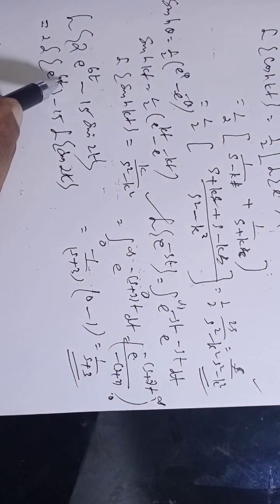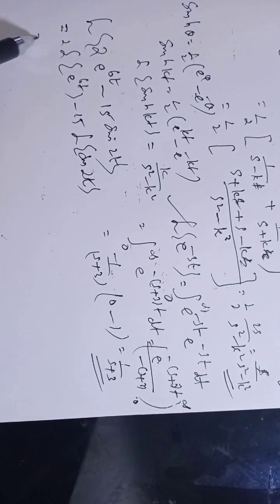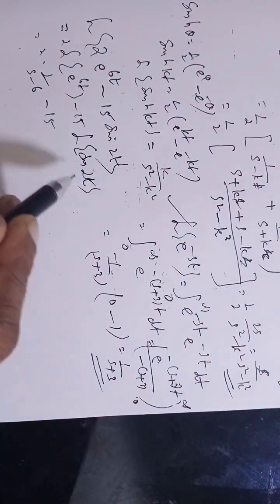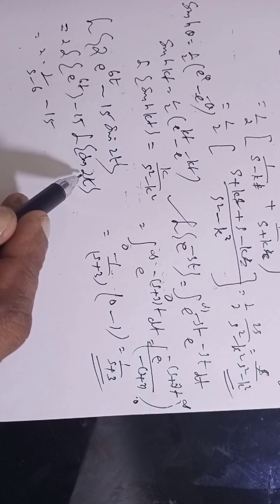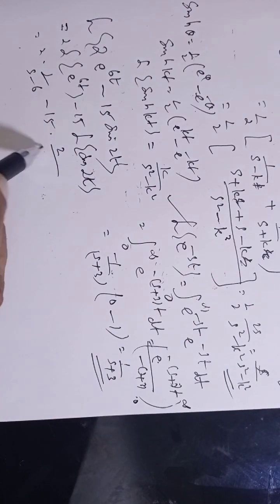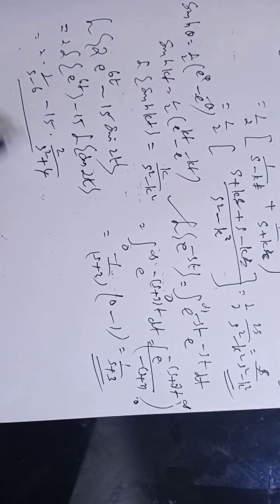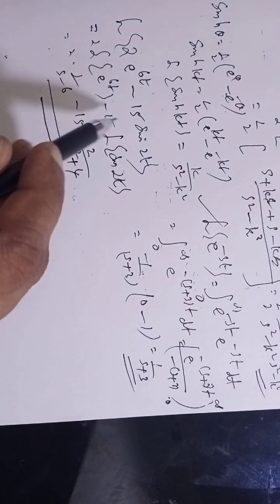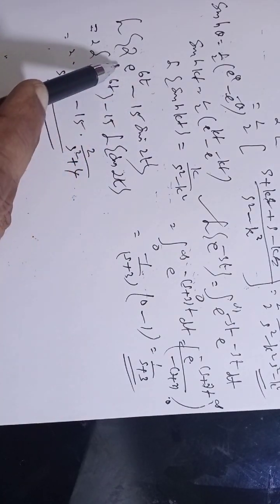Then L of e raised to at is 1 by s minus a. Therefore 2 into 1 by s minus 6 minus 15 into, sin kt being k by s square plus k square, that is 15 into 2 by s square plus 2 square. It's a method.